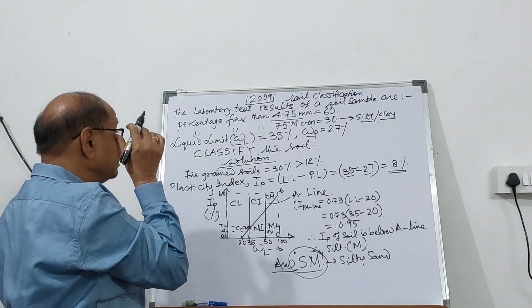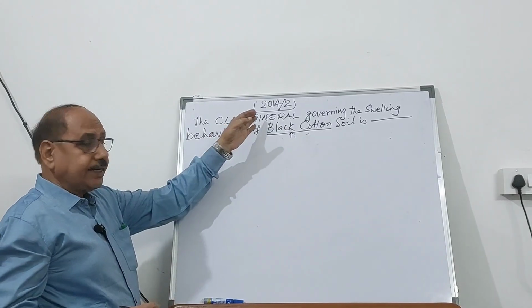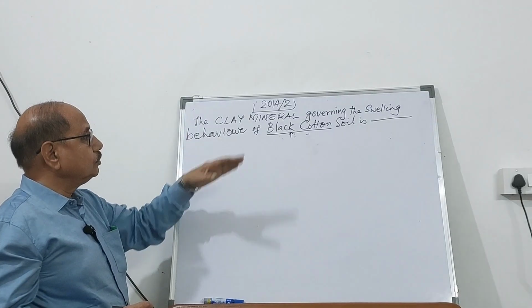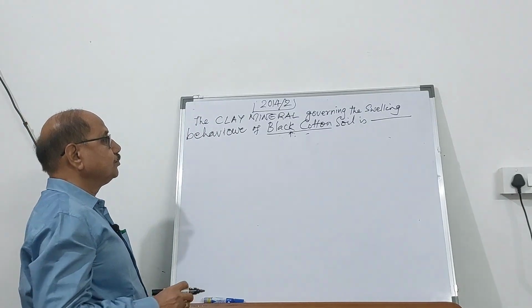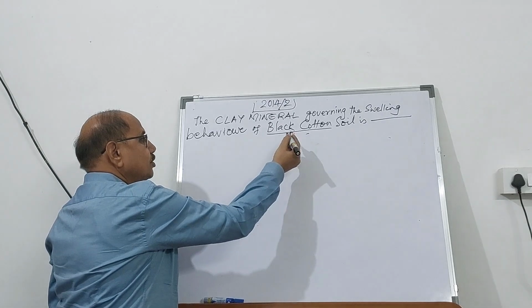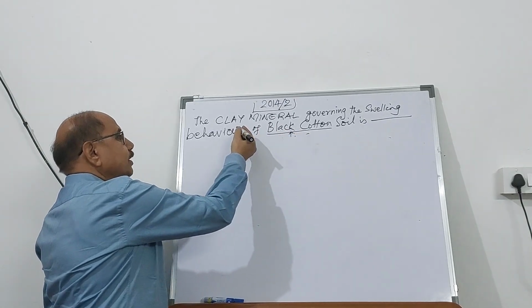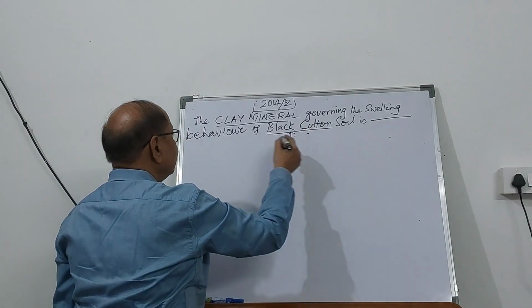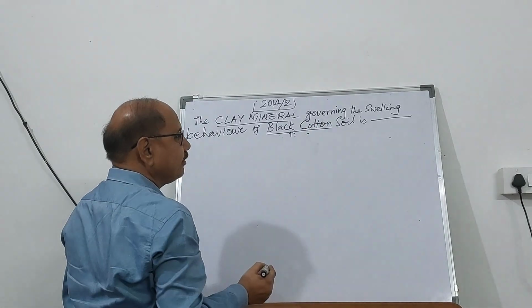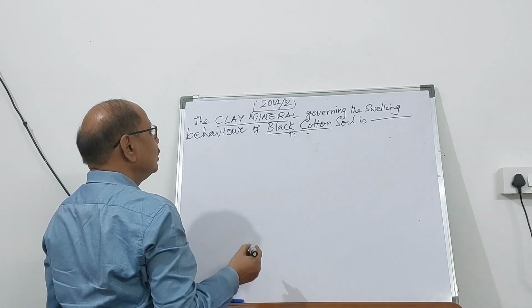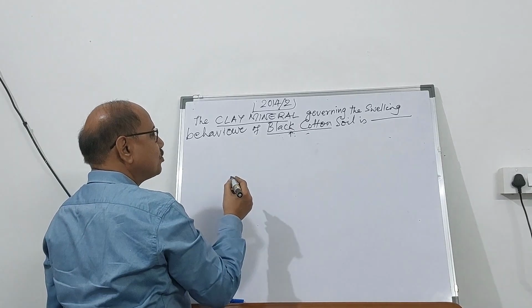This is the answer. This is the second question, related to the behavior of black cotton soil. For black cotton soil, you have to find out the clay mineral due to which it has swelling behavior. So the swelling characteristic, which clay mineral is responsible?